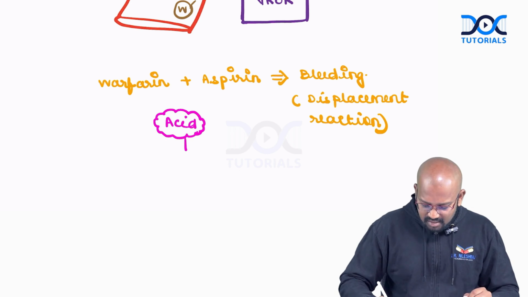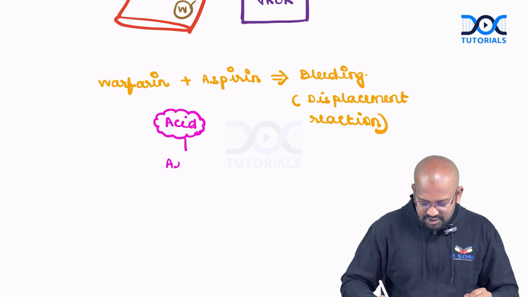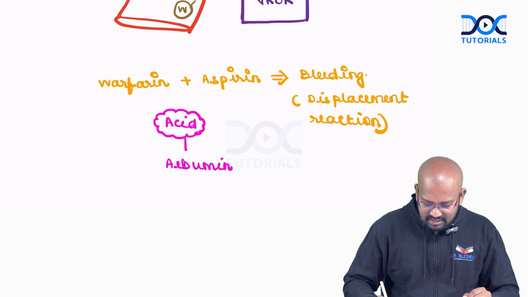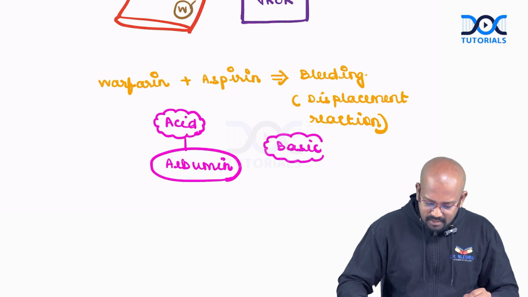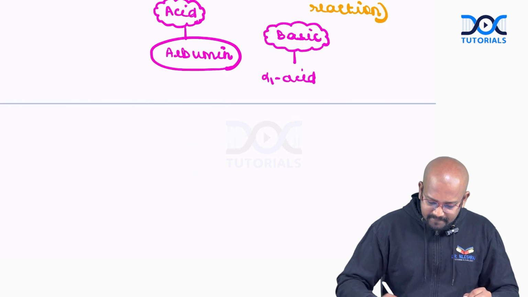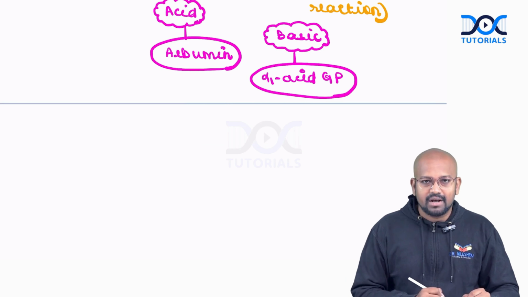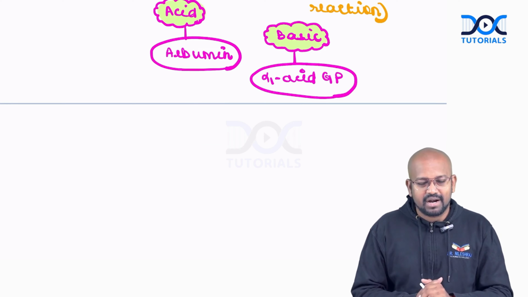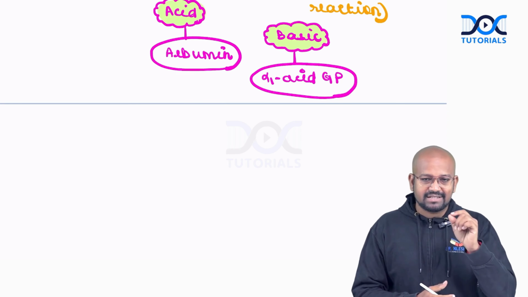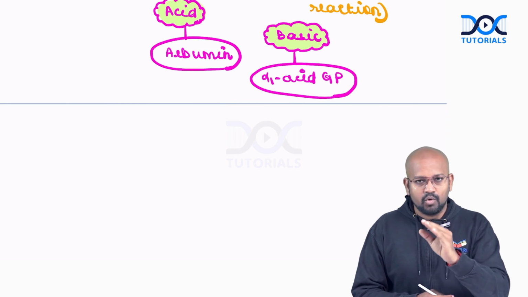An acidic drug will bind with the plasma protein albumin, whereas basic drugs will bind with alpha-1 acid glycoprotein. All the acidic drugs will be binding with albumin, whereas basic drugs will be binding with alpha-1 acid glycoprotein. That's the reason why we say an acidic drug will be displaced by one more acidic drug.